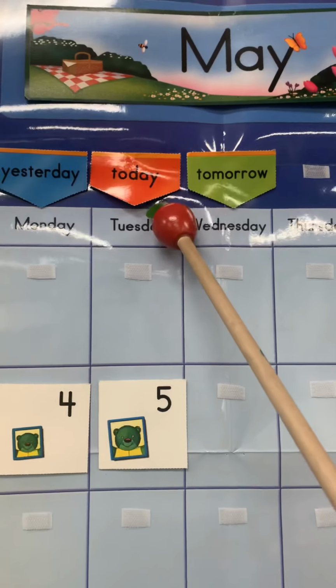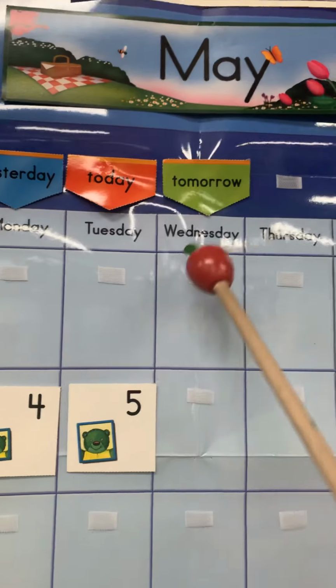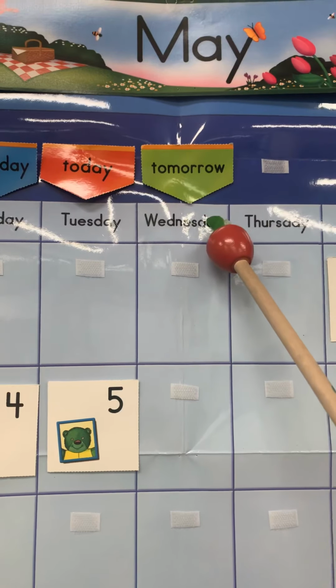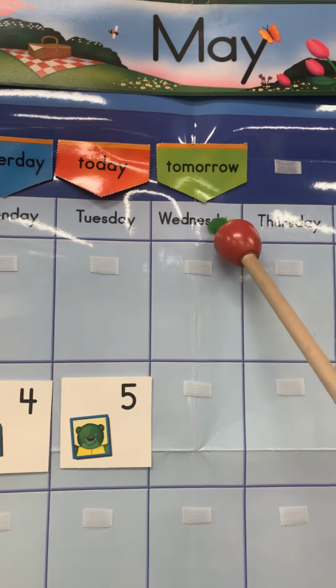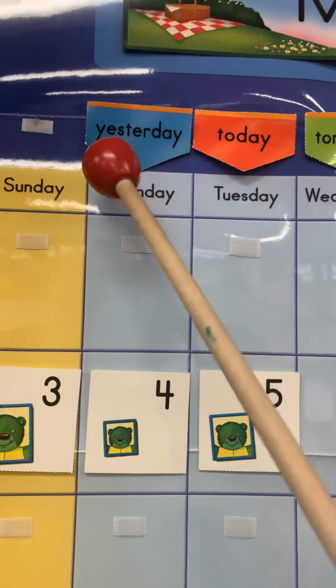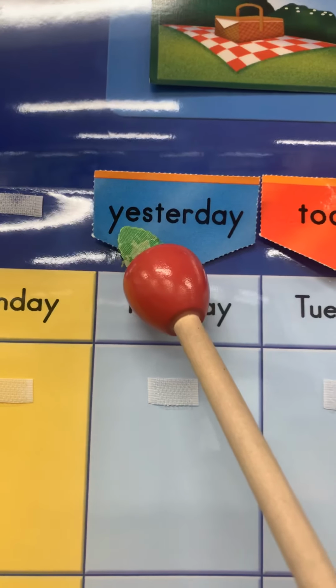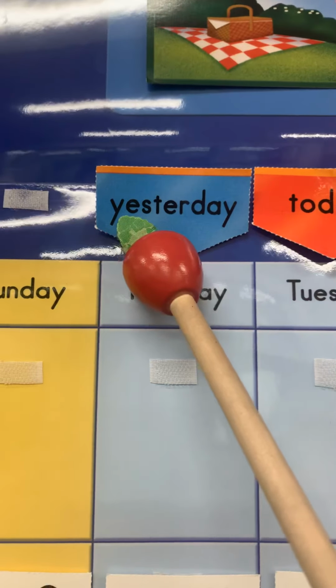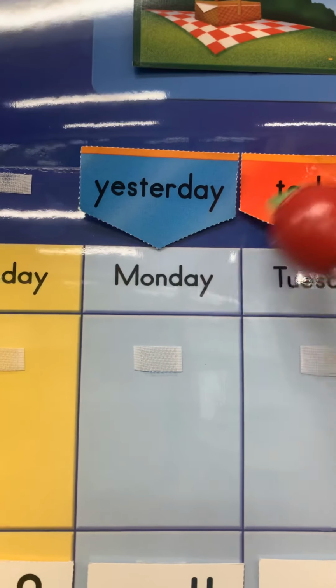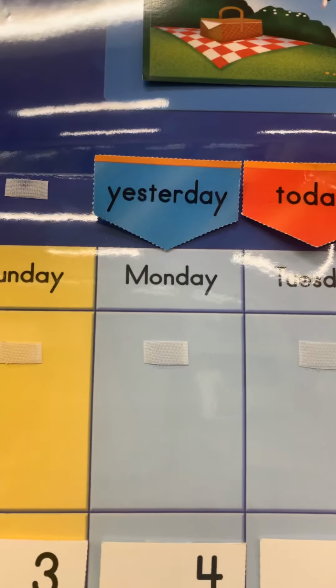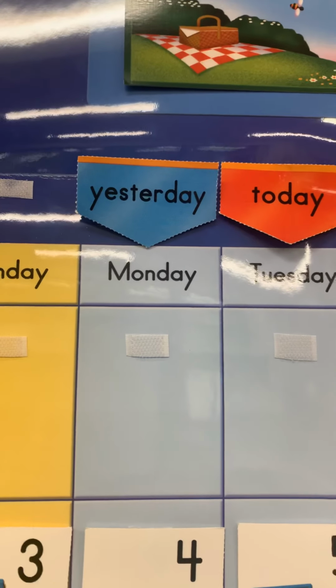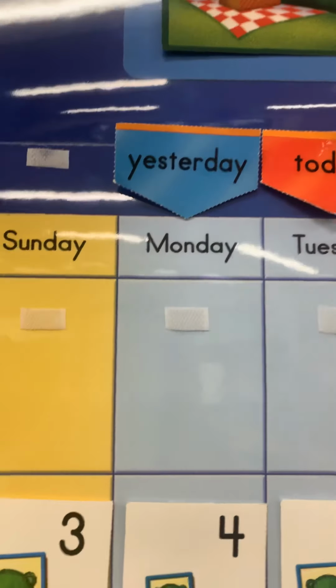We've learned about saying today's, and we've learned about saying tomorrow's date, and we'll get to that in a second. But this word starts with y. It's a very long word too. If I were to say that out, it would be 3 syllables. So we're going to say it together, okay?